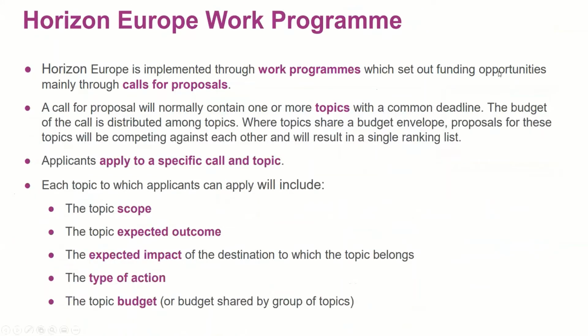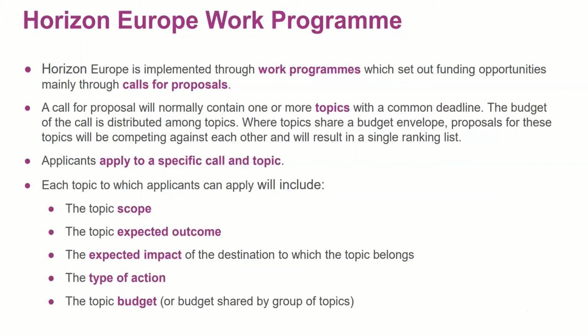Going into more detail, Horizon Europe is implemented through work programs, which set out funding opportunities mainly through calls for proposals. A call for proposals will normally contain one or more topics with a common deadline. The budget of the call is distributed among topics, where topics share a budget envelope.